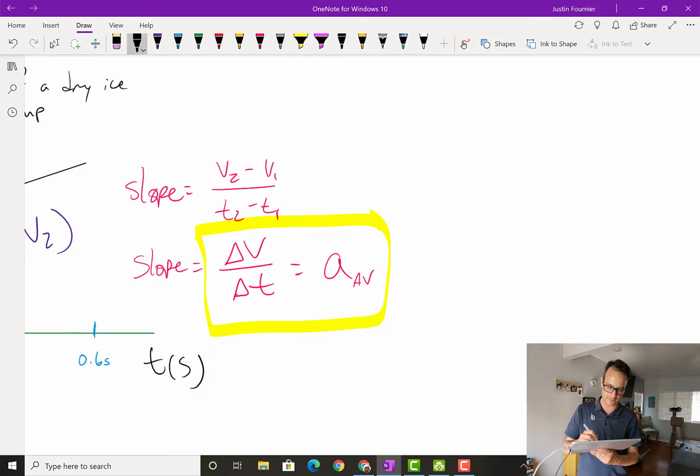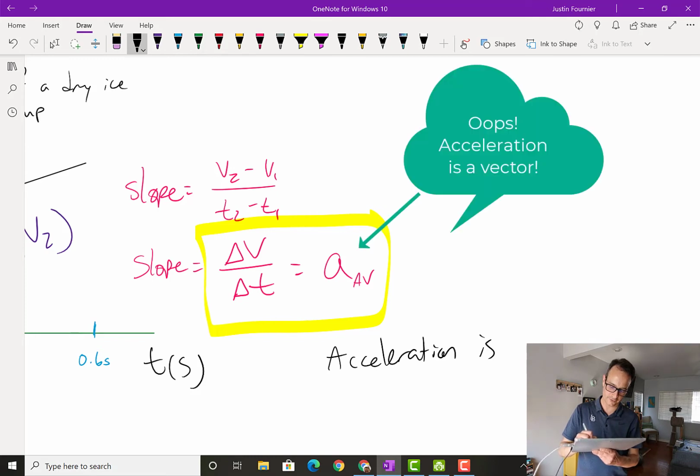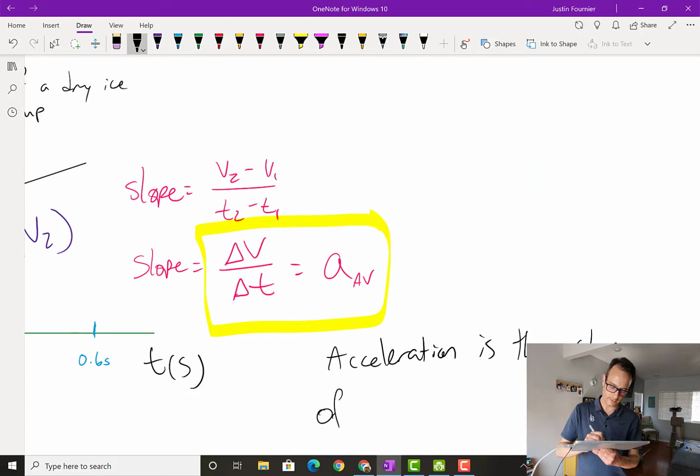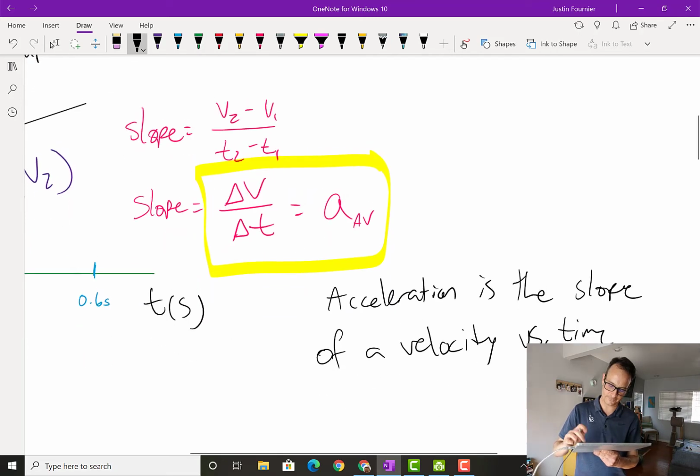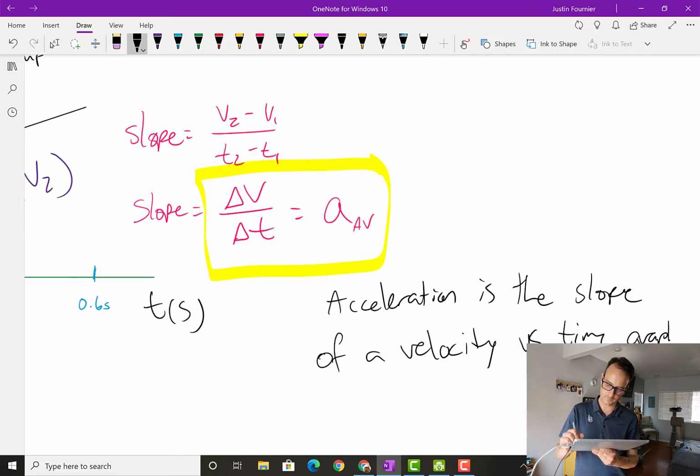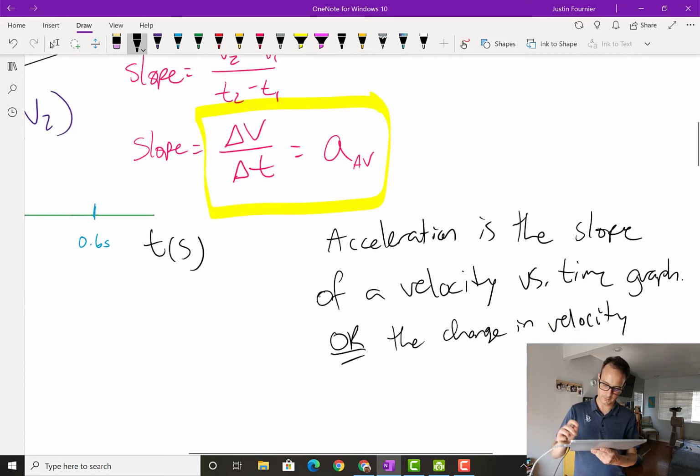So acceleration is the slope of a velocity versus time graph, or the change in velocity over the change in time. Or sorry, the rate of change of velocity.